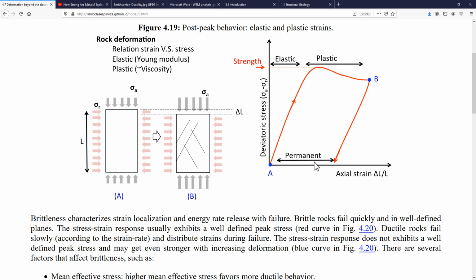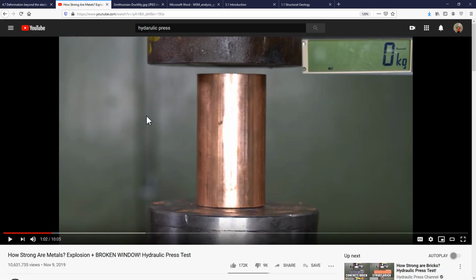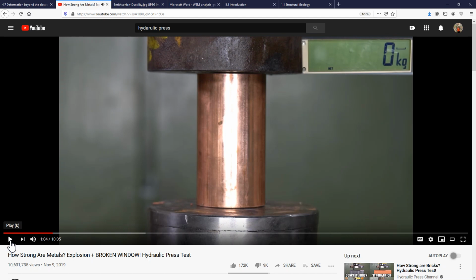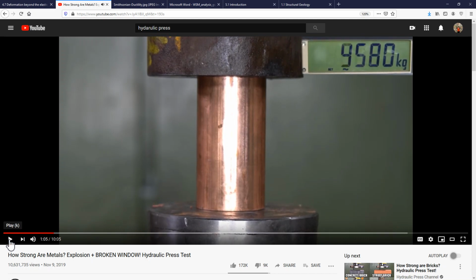All right, in order to help the discussion for this video and for this topic, let's see a video. Here we can see an example of a cylinder of brass loaded, and let's continue with the video. You see that the load will start increasing. Let's stop it over there.